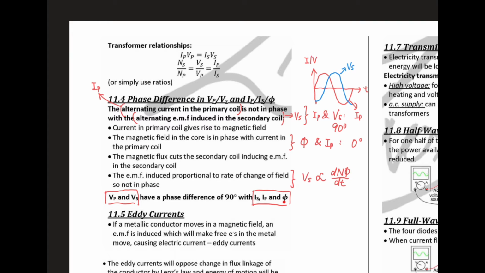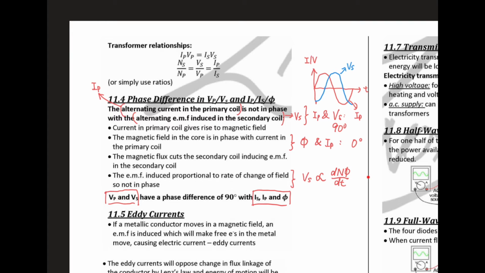Basically because there is a differentiation involved here. Imagine that if your phi is a sine graph, then you have to differentiate the sine and it becomes cos, so your Vs will be a cos graph. So that's why there is a phase difference of 90 degree.